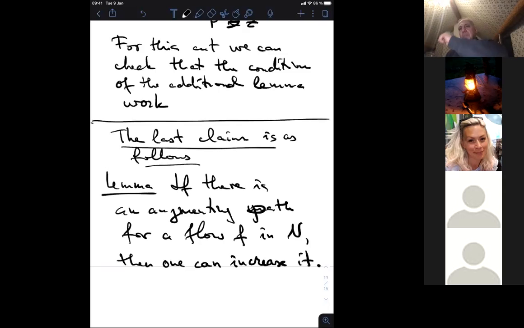So if we have an augmenting path, then we actually can increase the flow a little bit, and that's why such a flow is not maximal.